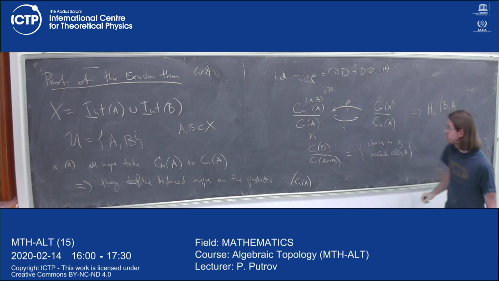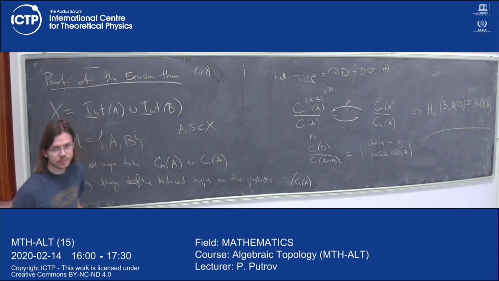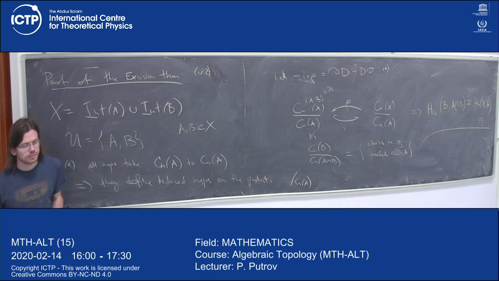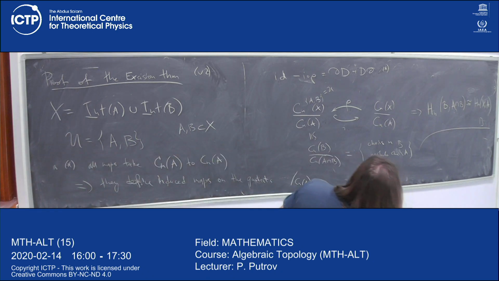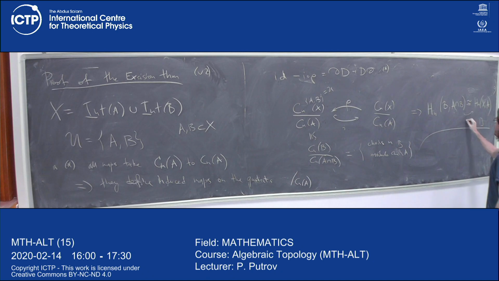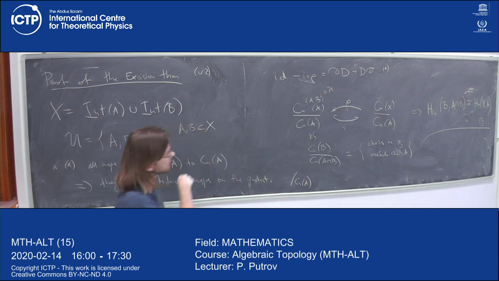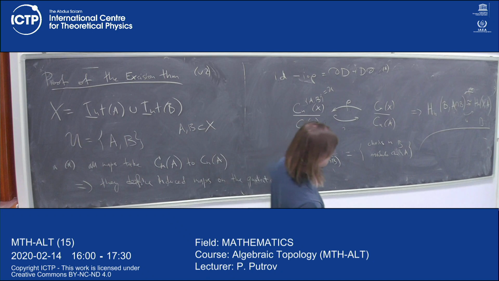And this is, by definition, the relative homology. This is because, in particular, I star and the other induced map are inverse to each other.